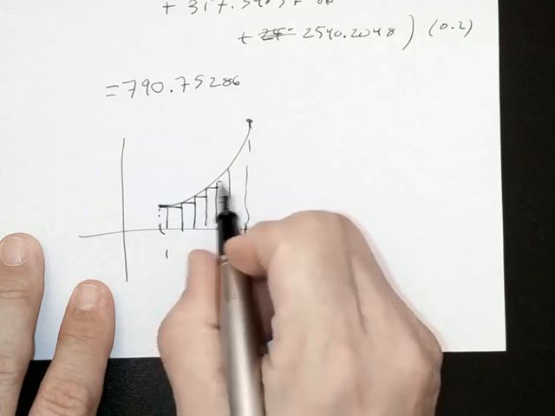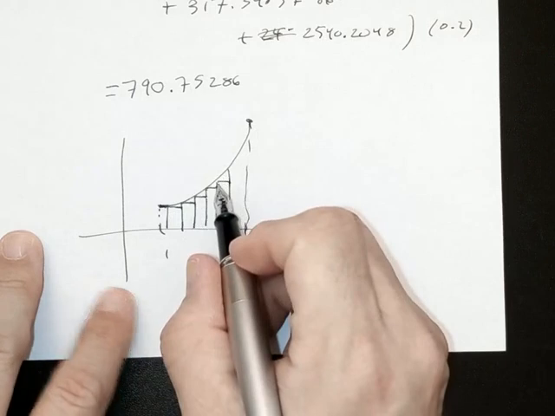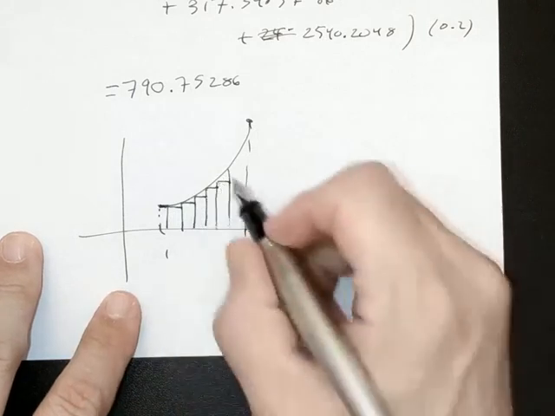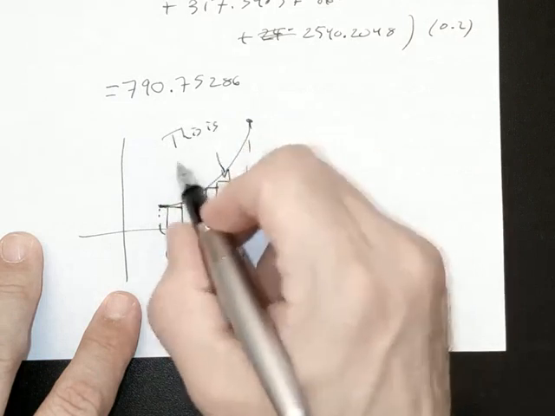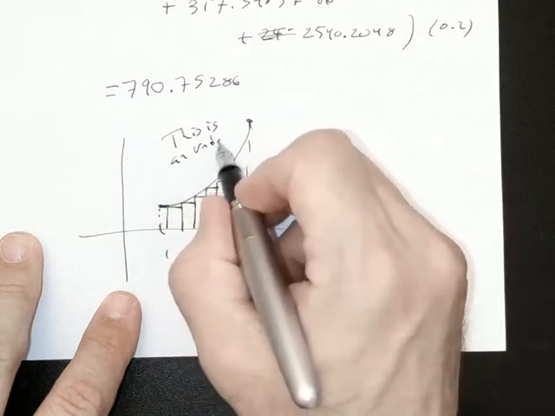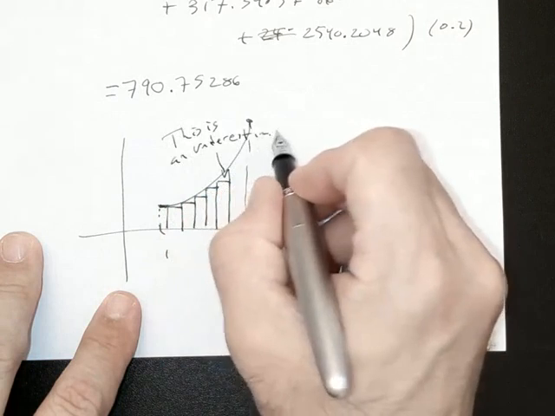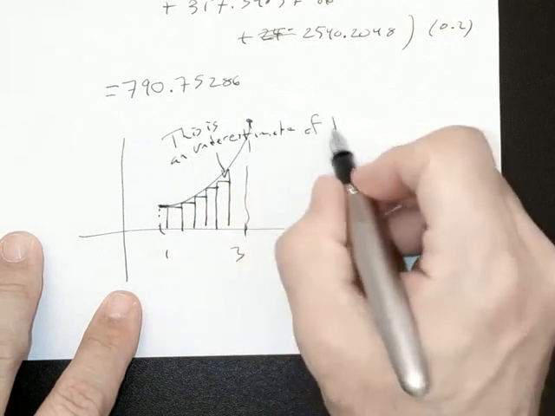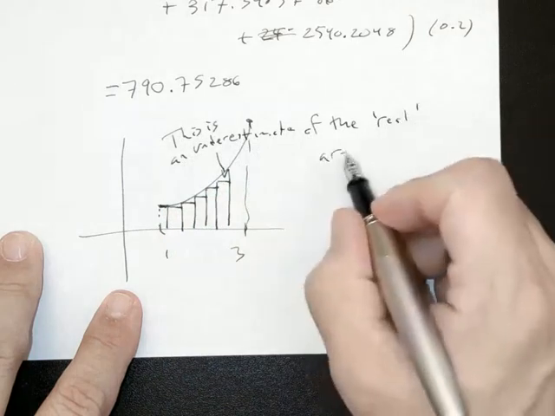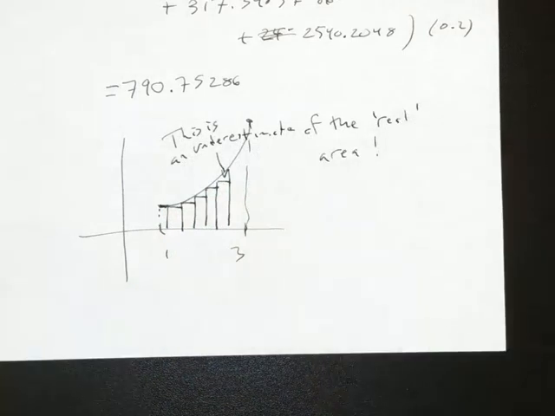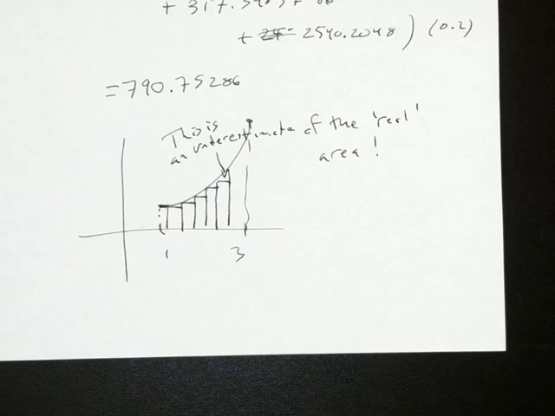And since this graph gets really big really fast, we're missing a bunch of area, aren't we?